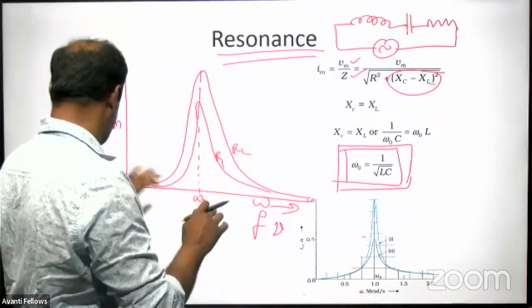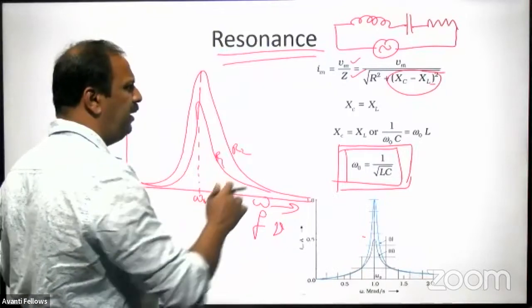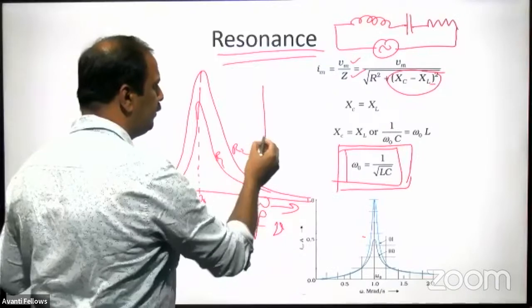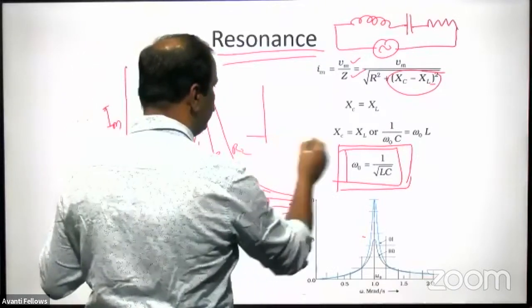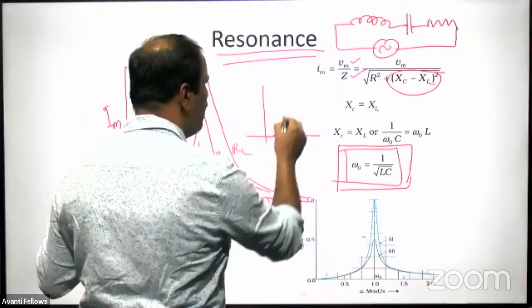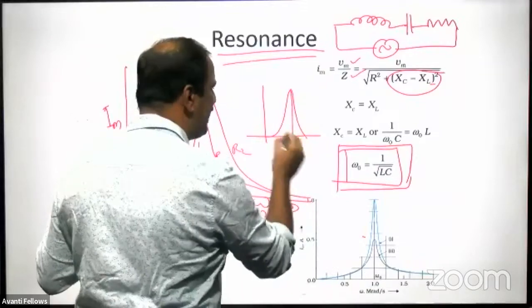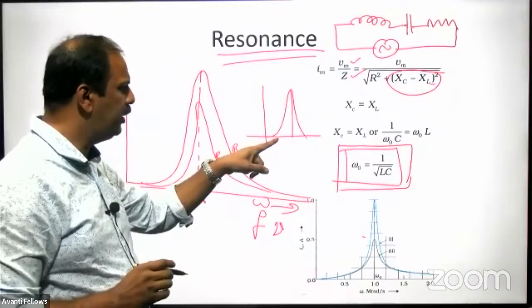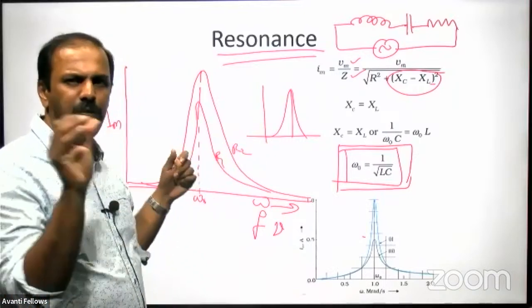We'll adjust the inductance and capacitance in such a way that this is very sharp like this. This one we can select. I think you understood that. We will have a different capacitor.